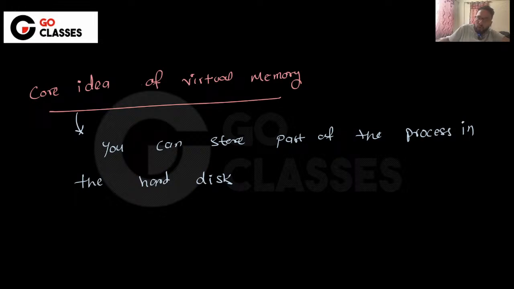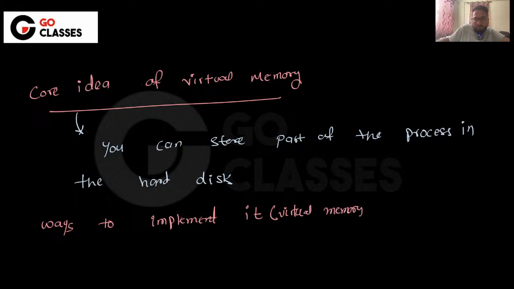And how to do it actually, which means the ways to implement it. Here it means the virtual memory, right? The ways to implement it, basically, we are saying that you can use demand paging.